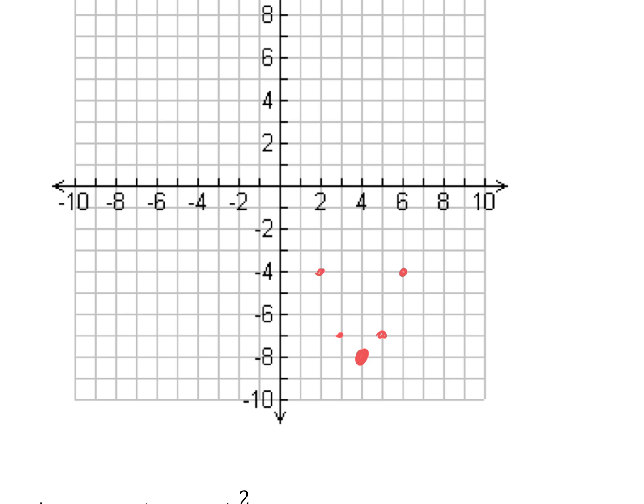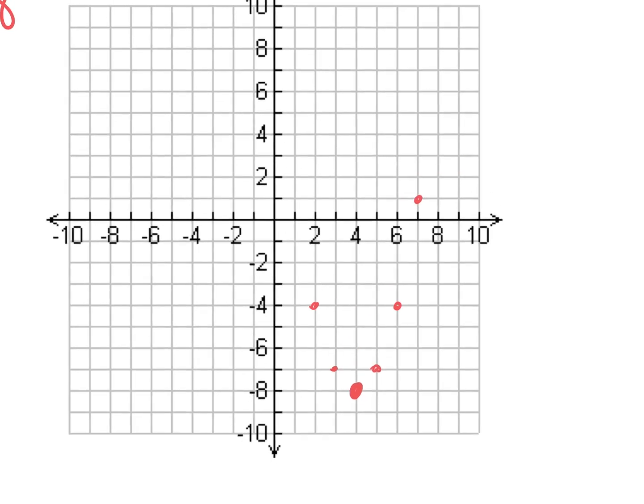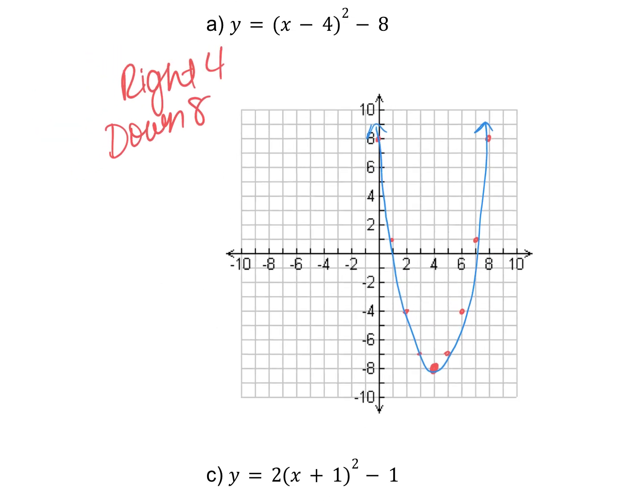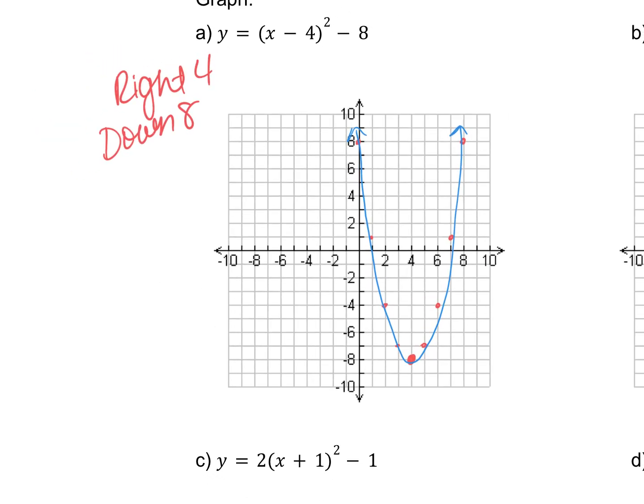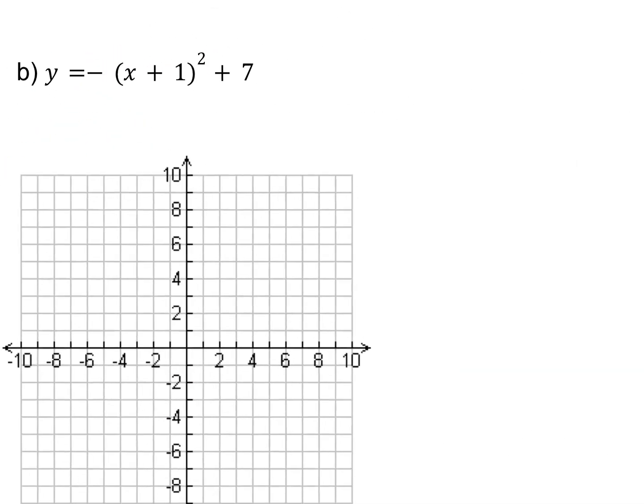Over 3, up 9. We could even go up 16 if we wanted. Let's do it. Okay, so fun. Look how pretty that is. Then draw your parabola. Dang, that's a pretty decent looking parabola. Okay, there she is.